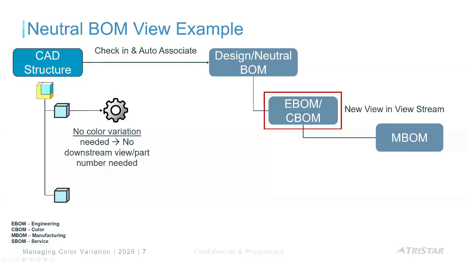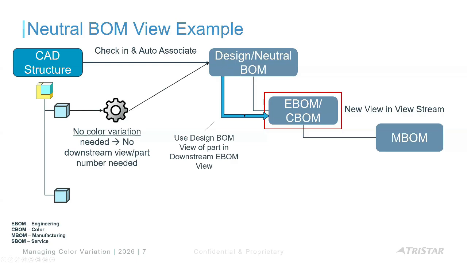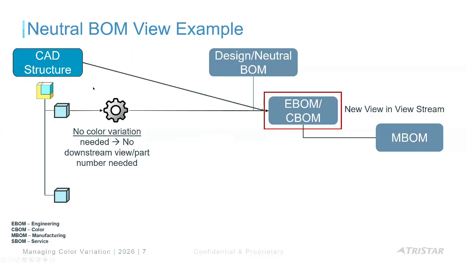So when there's a part that's created in your bill of material that has no color variation, that can just remain at the design view. You can then use the design view and use that part if there's like a color view of that component, or you can just directly use the engineering view.